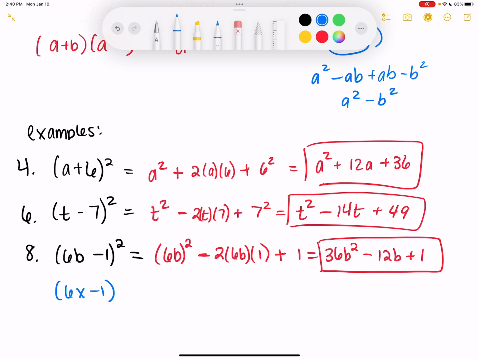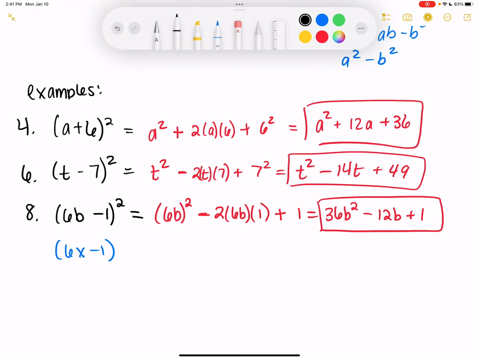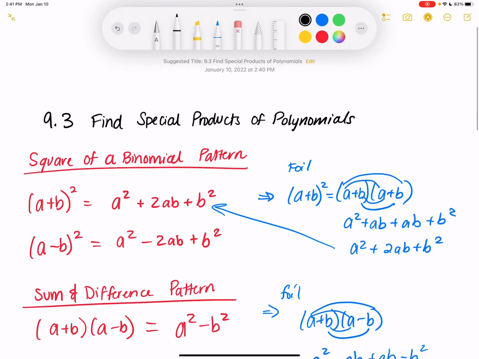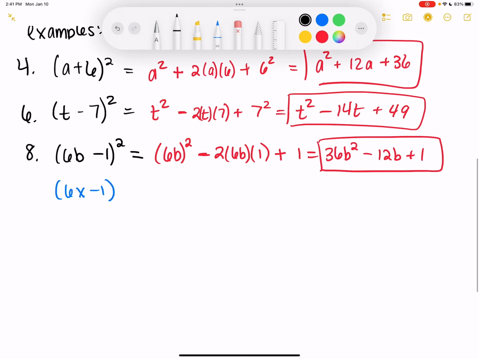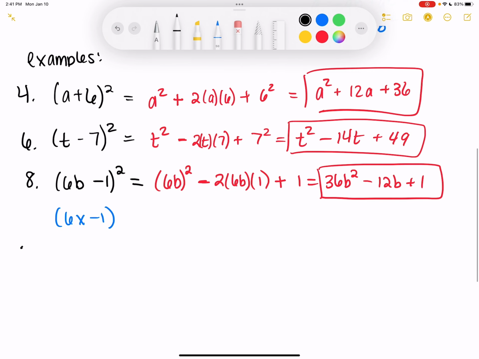All right, I want you guys to try one. We're going to kind of jump around. I'm going to stick with this type, the square of a binomial type. Basically the first two sections of problems, so 3 through 8 and then 11 through 16, tell you specifically which type. The first one says the square of a binomial, find the product. The second says sum and difference pattern, find the product. And the last section just says special products, find the product.